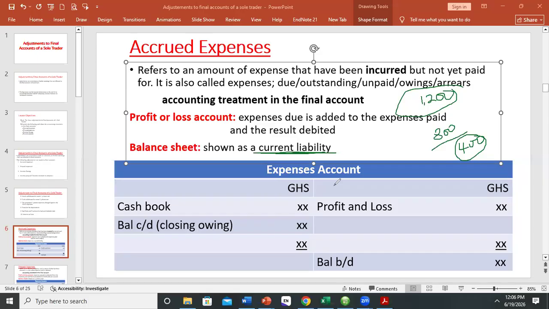Let me use your school fees, because your school fees is an expense to you. As a student, you are supposed to pay school fees. Let's say for the term, you are supposed to pay 2,000 Ghana cedis. But you have only paid 1,500 Ghana cedis. So how much fees do you owe, or do you have as arrears?